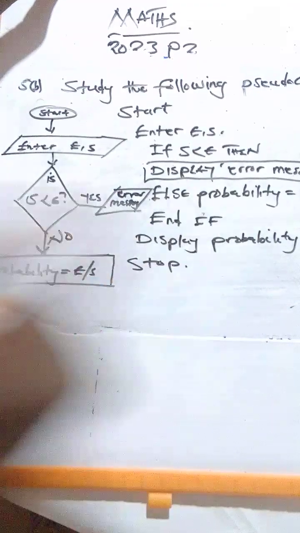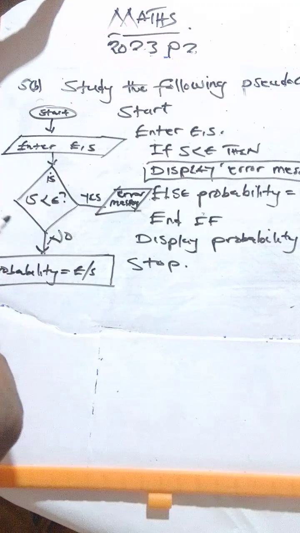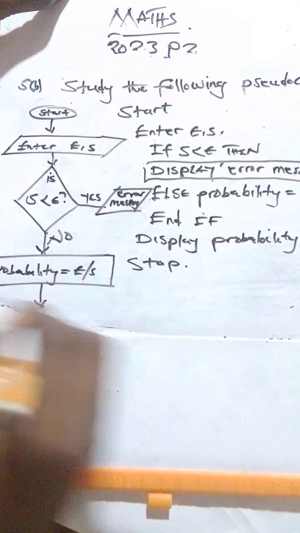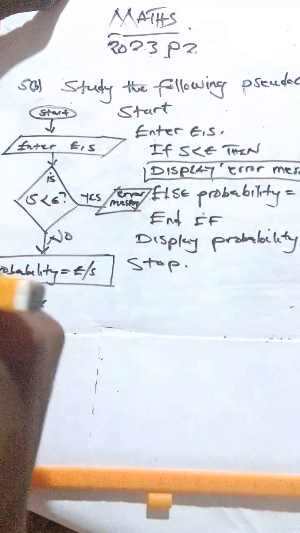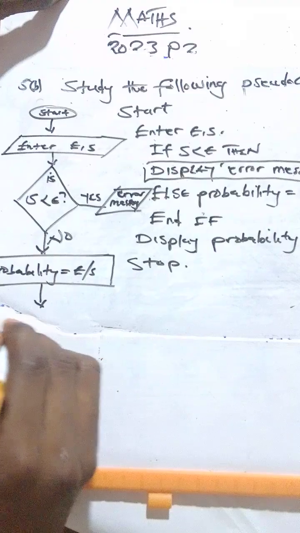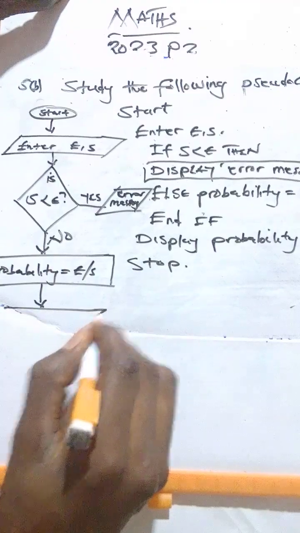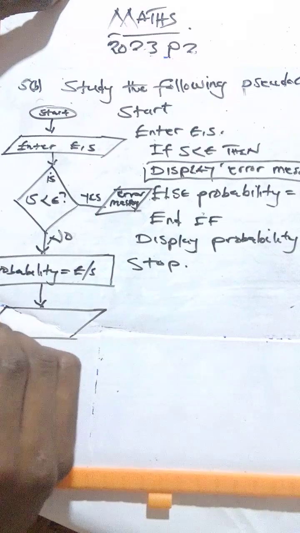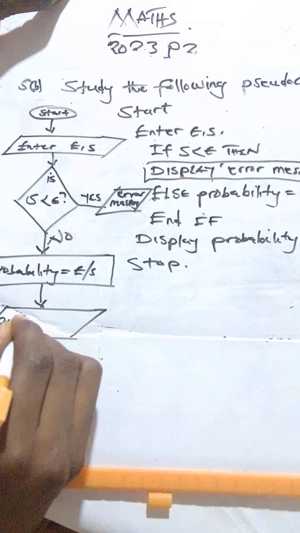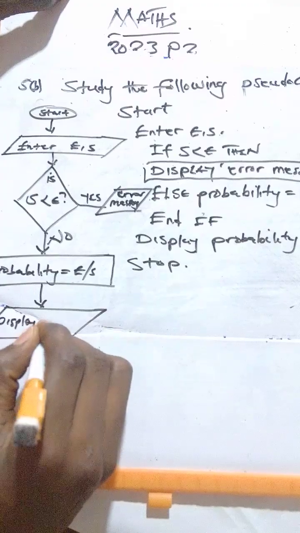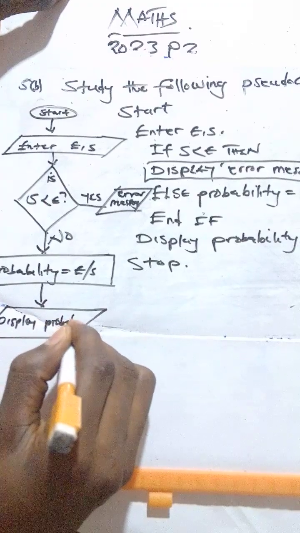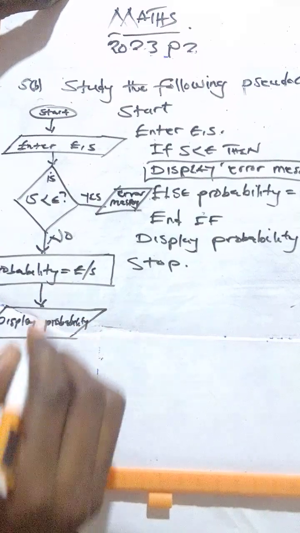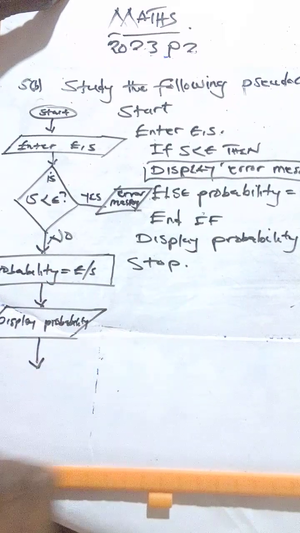And then display probability. So if it is like this, we end. Then we just display probability. So now display will be in this parallelogram shape. So display probability. From there, we say the calculation is done.